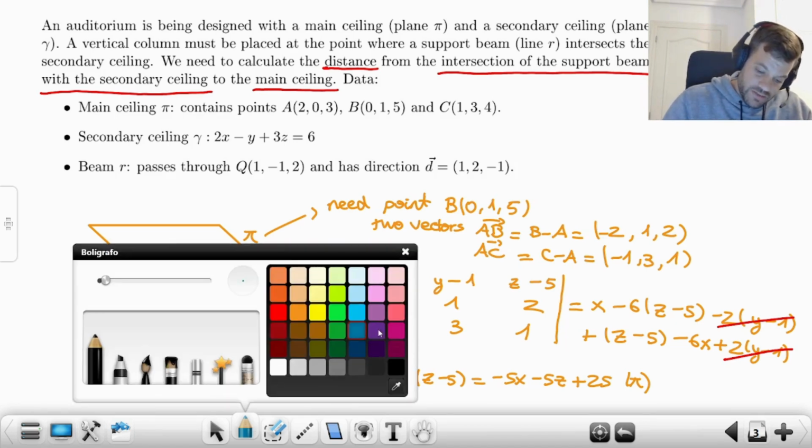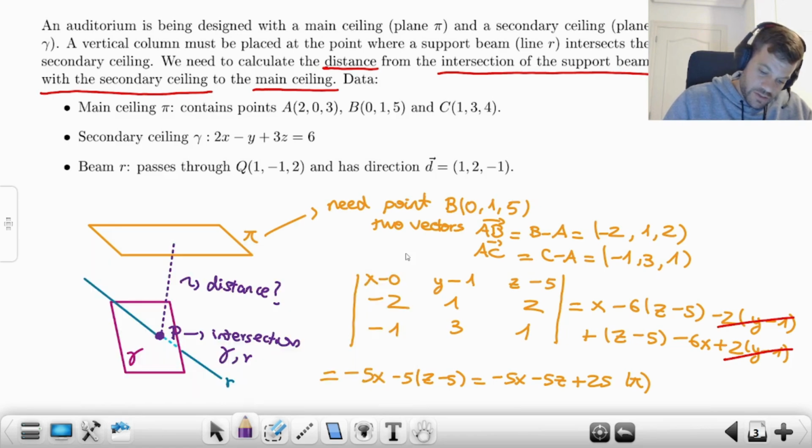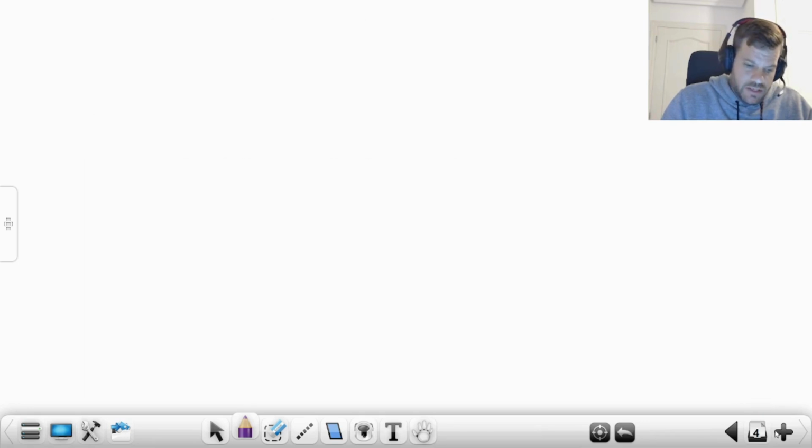So how do we find the intersection of a line and a plane? Well, by solving the system of equations that describes both objects. And it's always the same idea for any two objects. The intersection of two mathematical objects is the solution of the system they create.